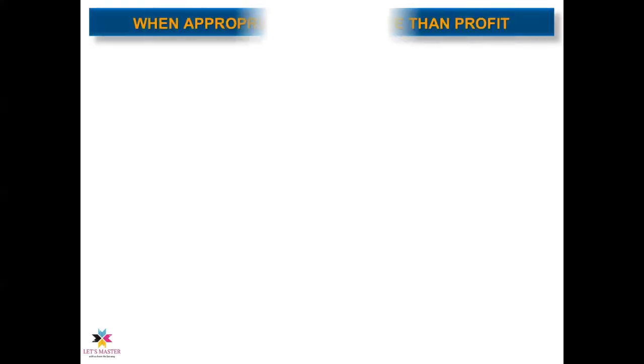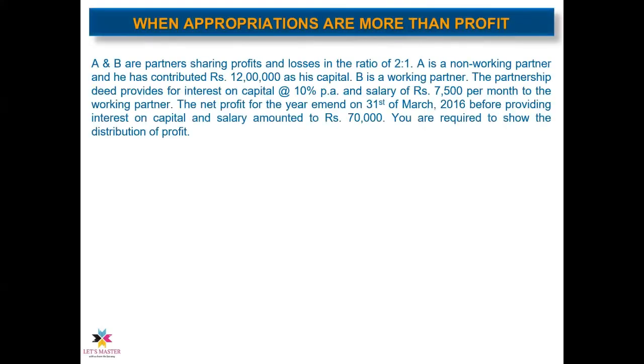And how this ratio of appropriations is applied, how the appropriation is worked out and how the profit is distributed among the partners in the ratio of appropriation, we will understand with the help of this example.